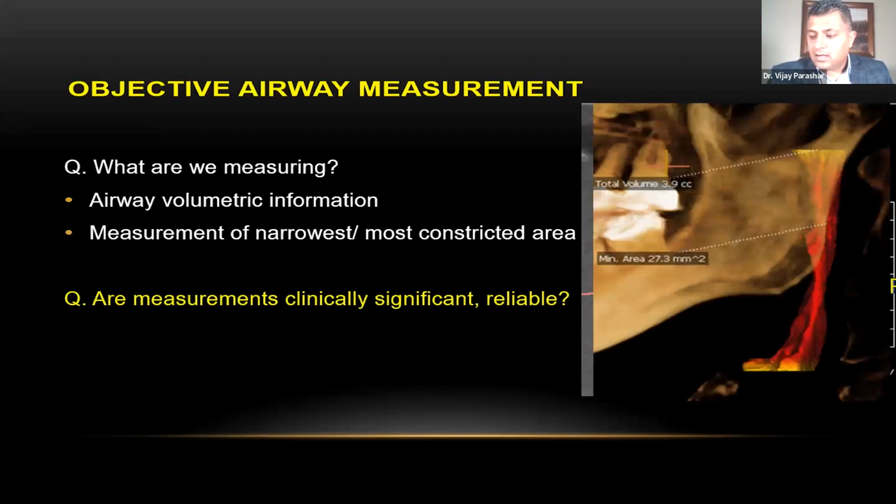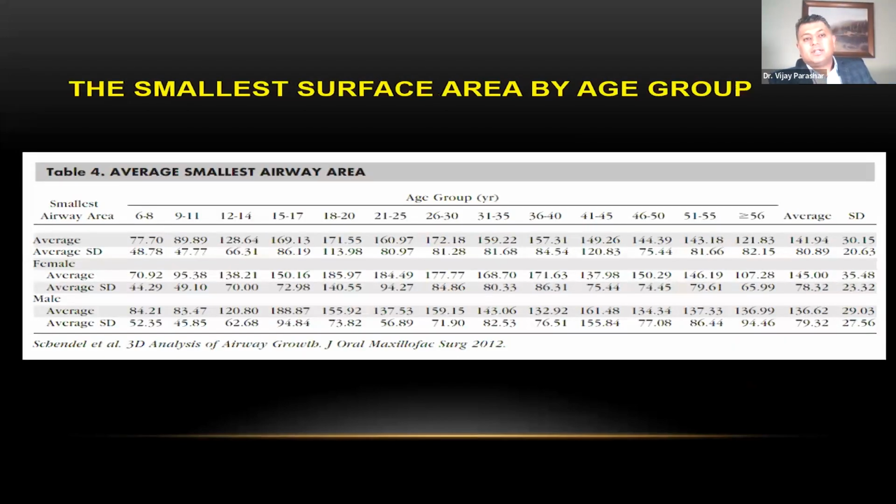Okay, let's look at measurements. And these measurements that we looked at, which is here, which is total volume, and we have minimum cross-sectional area. Are these measurements clinically significant and reliable? Again, this was a study that was done. They looked at smallest airway, looked at a variety of demographics of patients.